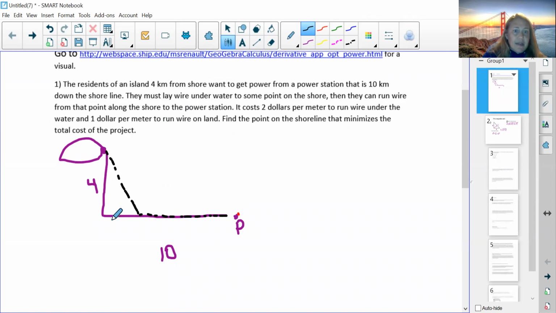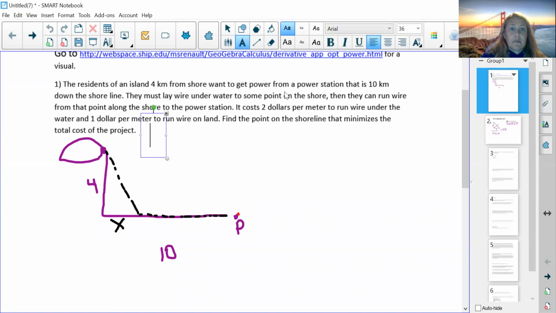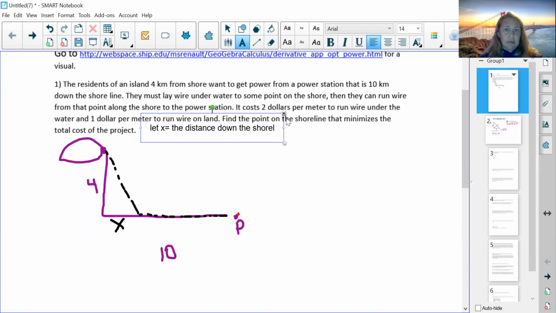And this I'm going to call X. So I better define my variable. Okay, so let X equal the distance down the shoreline in kilometers that I need to cross over onto the shoreline.